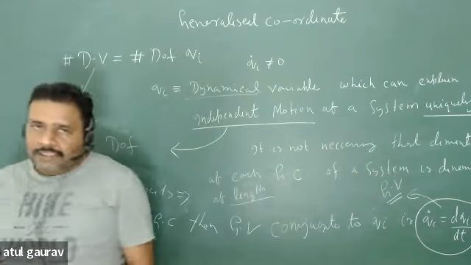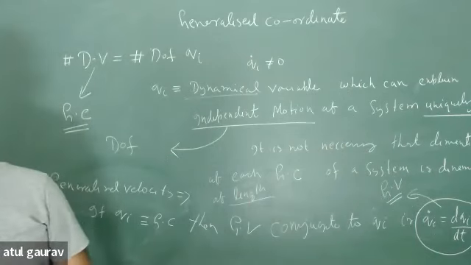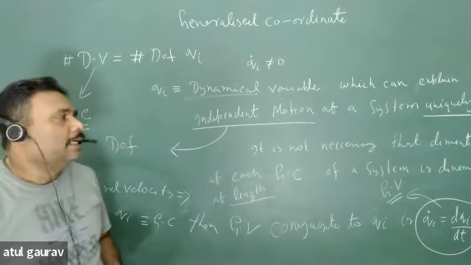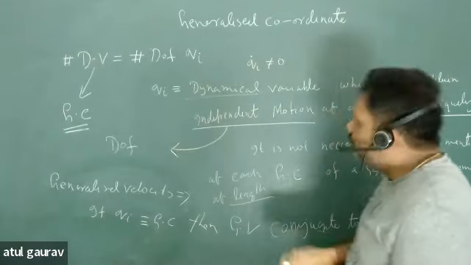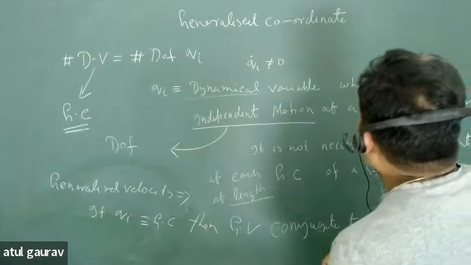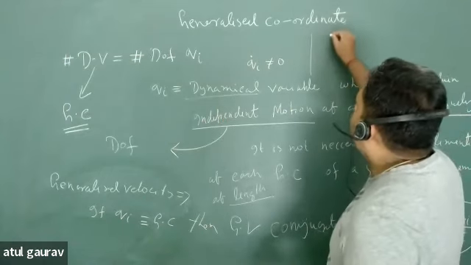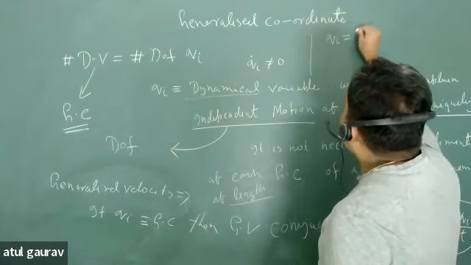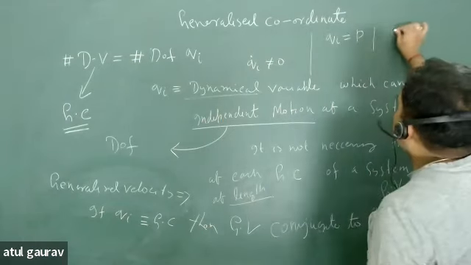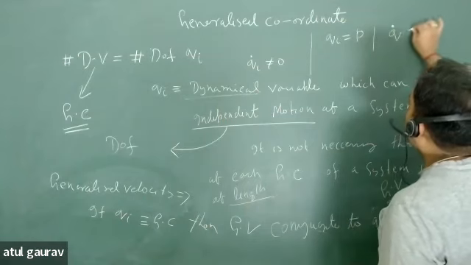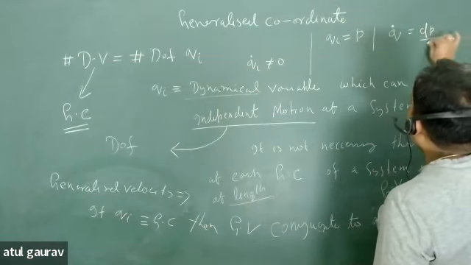So what is the dimension of generalized velocity? That depends on the dimension of the generalized coordinate. Suppose the dimension of the generalized coordinate is the dimension of momentum. Then what will your generalized velocity be?